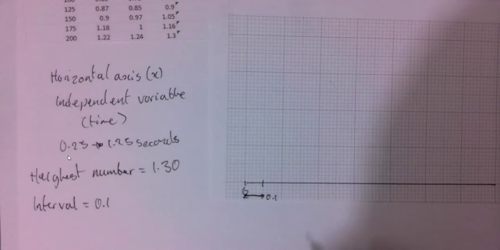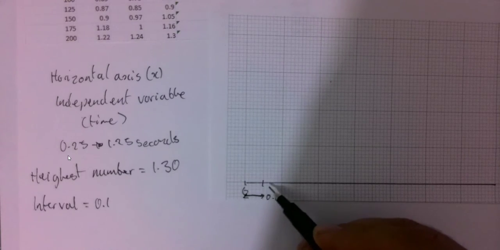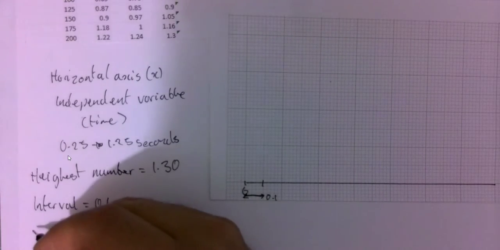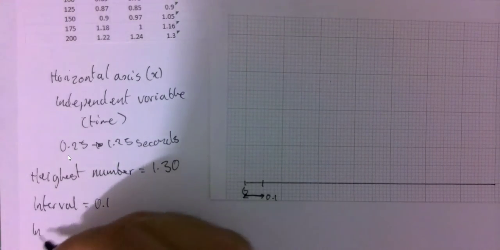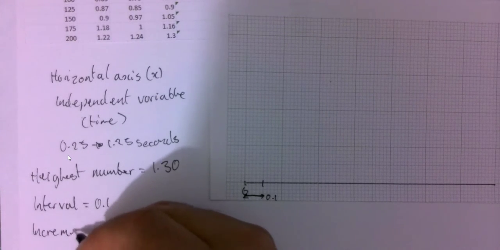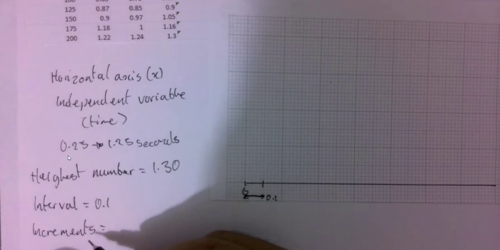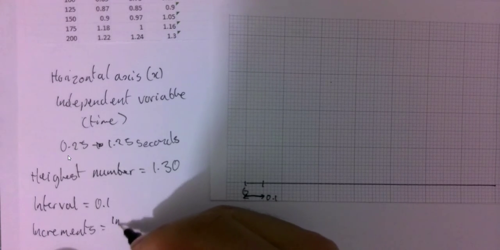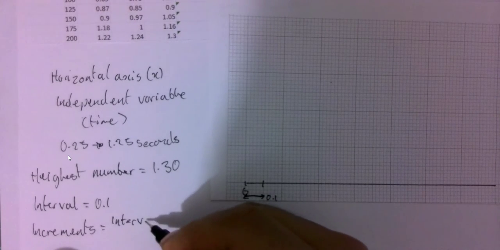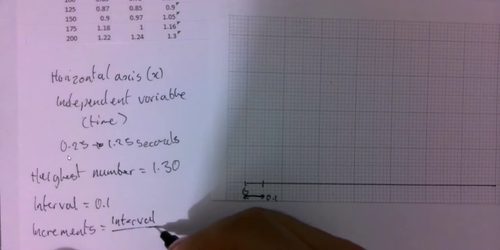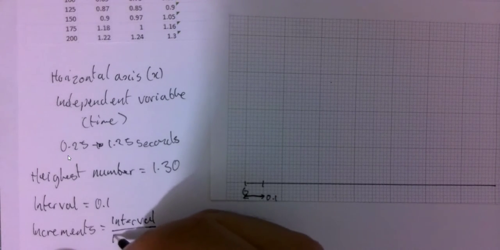Before we do that, let's have a look at how much each one of these increments is going to be worth. So we call them increments. The way you do this, the increment is equal to the interval divided by the number of squares.